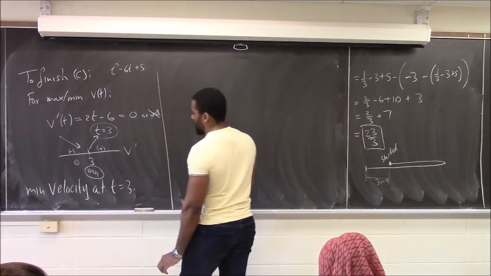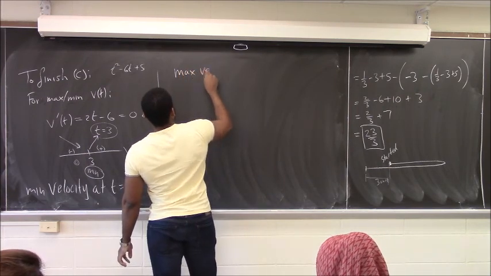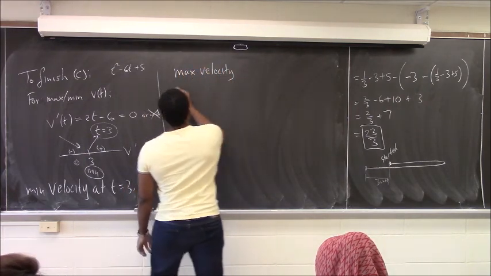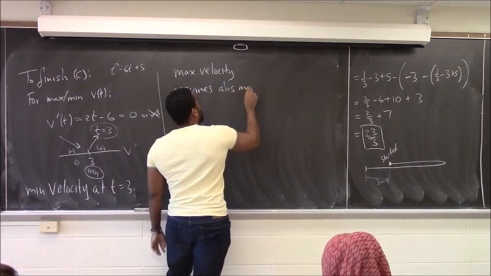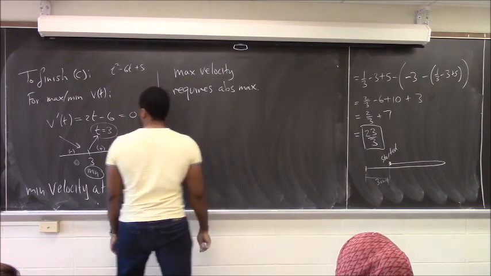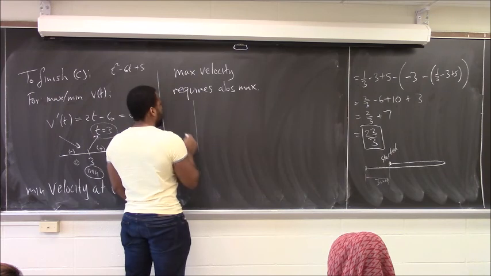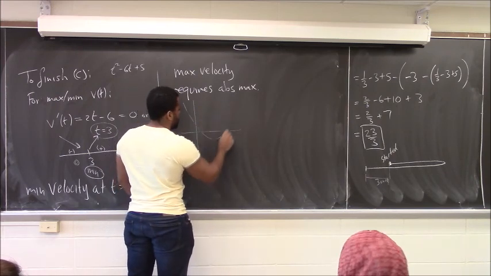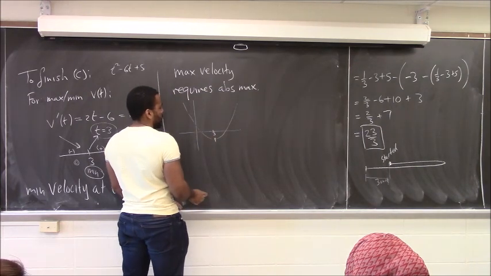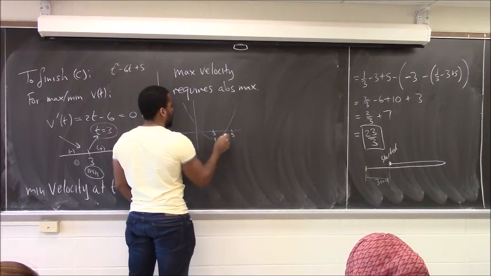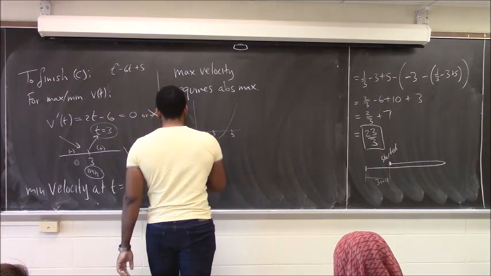In terms of the maximum velocity, that requires that we look for the absolute max because there's no local max to speak of here. You can recall that our graph looks like this. This is where t equals 3. We're considering the interval between 0 and 5 as I recall. And so I would test the endpoints.